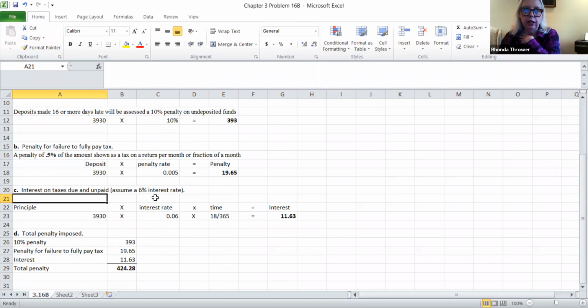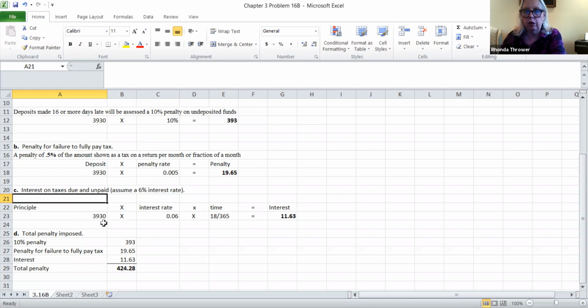So to find the interest, we're going to take the principal and multiply it by the interest rate and by the time. And the time is in yearly days of 365. The principal of this deposit is the total amount of the deposit that should have been made.